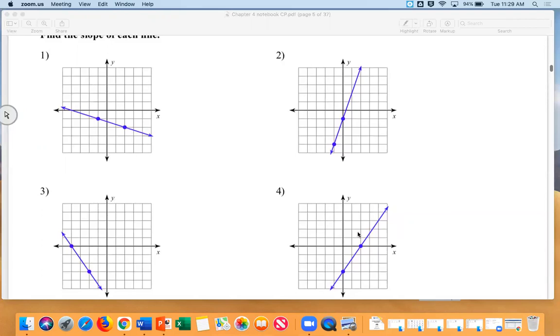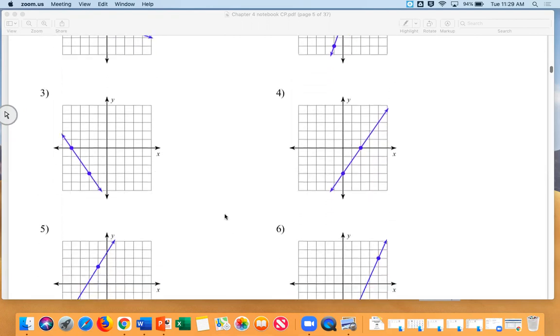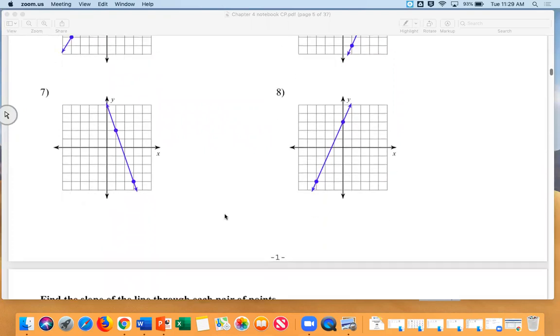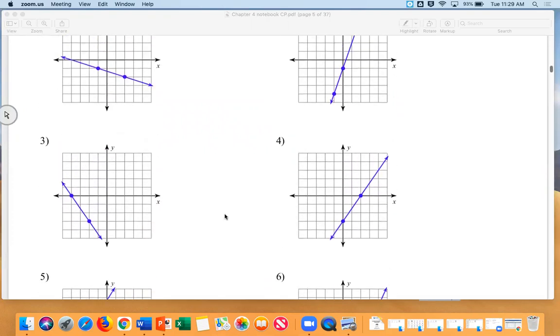You choose. Evens. Maddie chose even. So I want you guys to do the evens for the graphs. Got it? That's going to be the right column. So 2, 4, 6, 8.